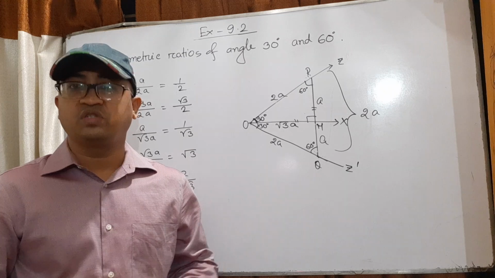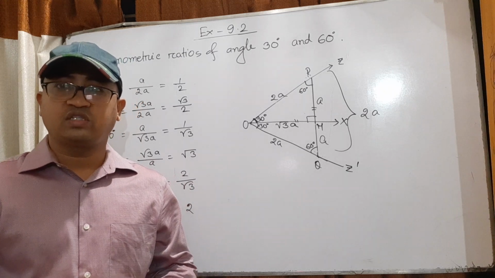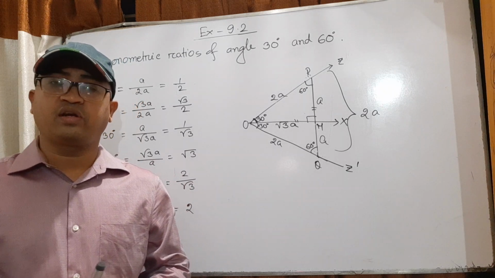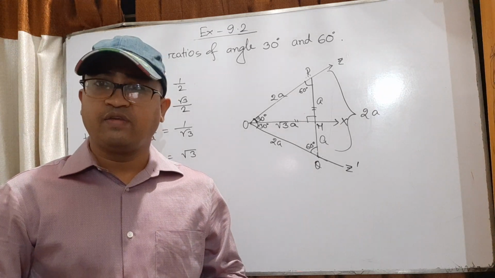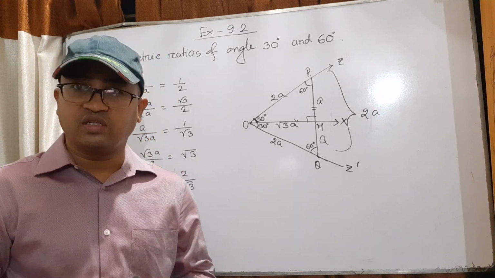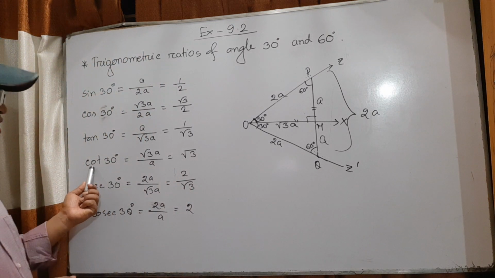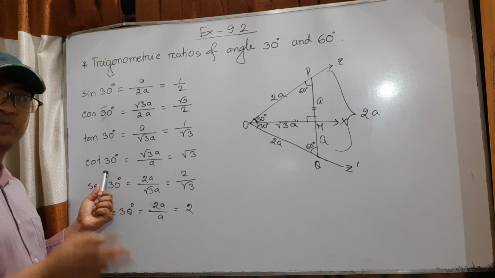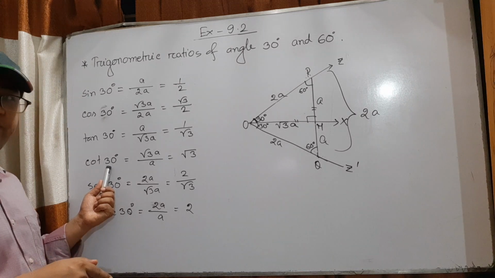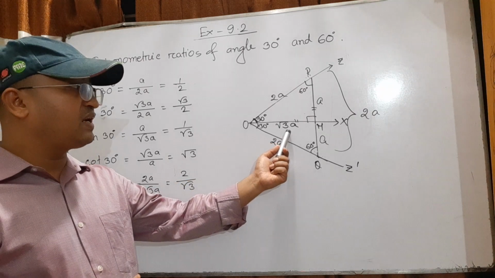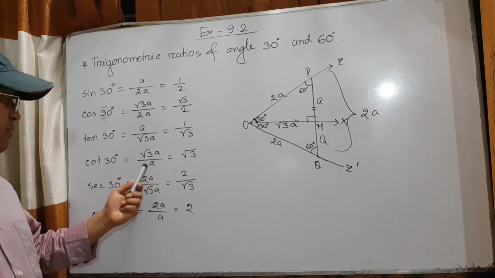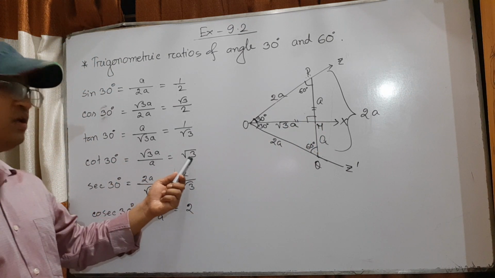Sin theta is equal to opposite side by hypotenuse, cos theta adjacent side by hypotenuse, tan theta opposite side by adjacent side. If you can't memorize, you cannot find this out. Okay, now look, cot theta. Cot theta is the opposite of tan theta, that is adjacent by opposite, root 3A by A. If you cancel it, it will be root 3.